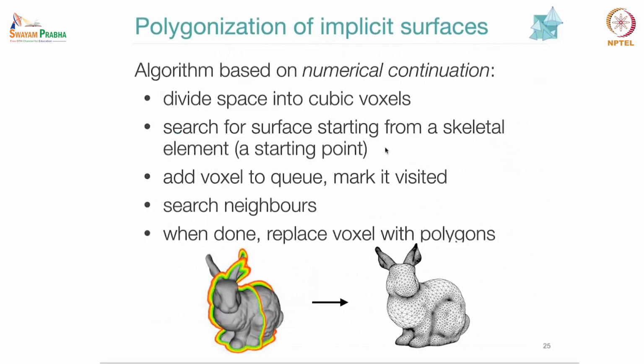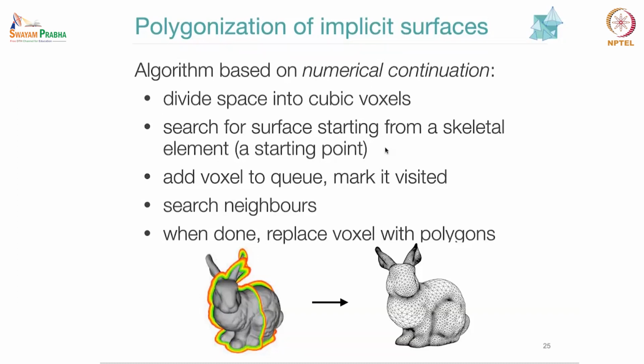You want to figure out all the voxels inside which there is a change of sign, and I'll tell you precisely how you detect that. This usually works on a signed distance field or an implicit surface that has both negatives and positives so that I can calculate a zero level set.